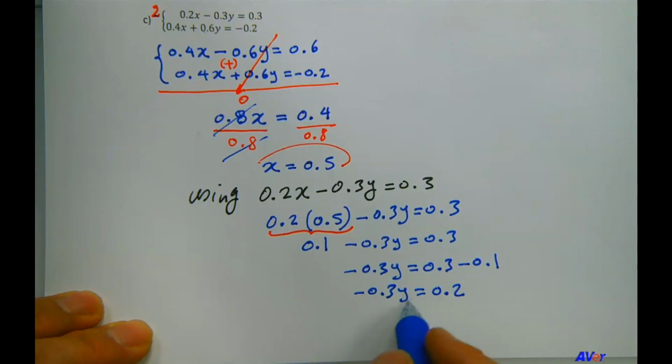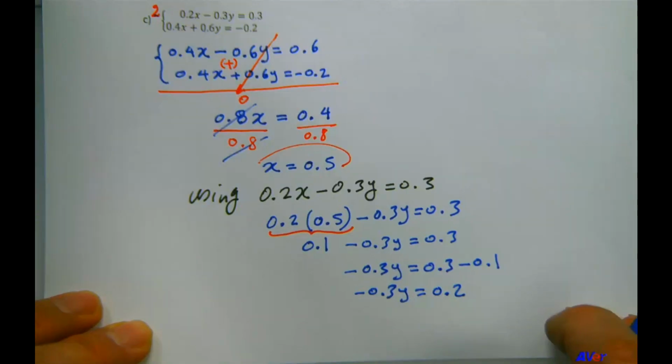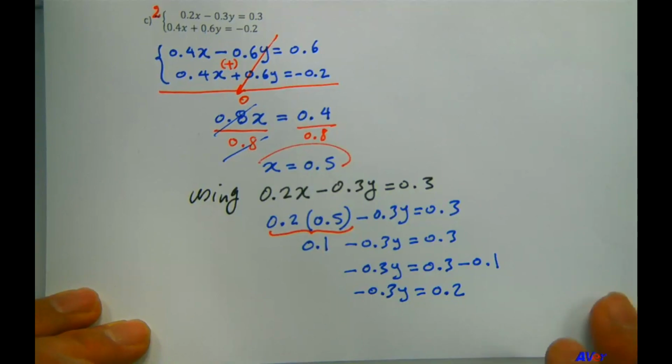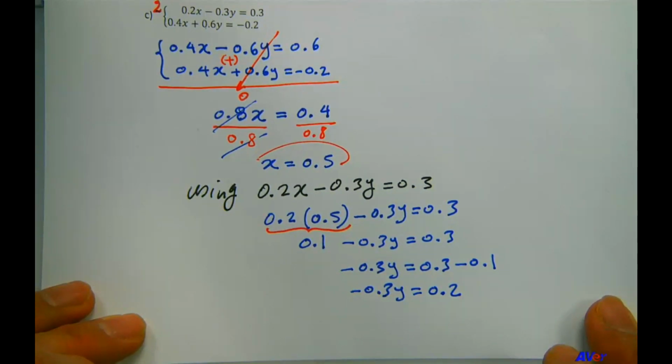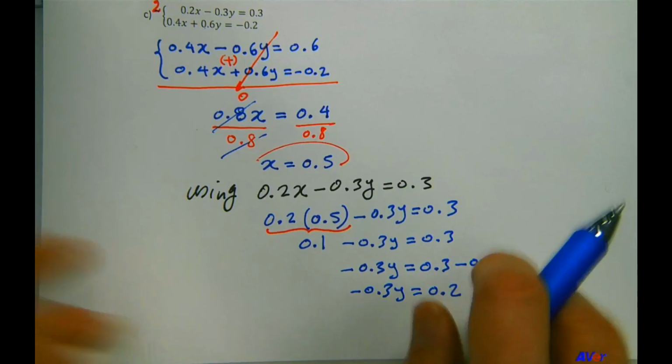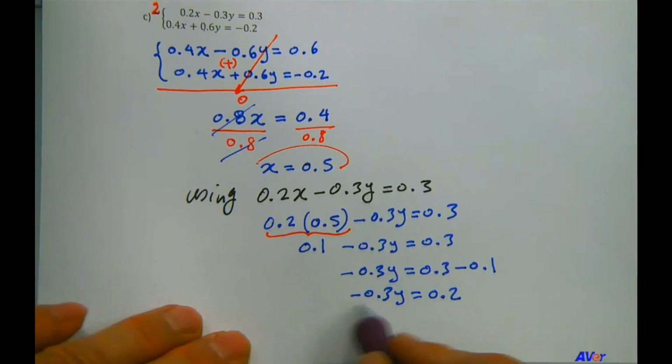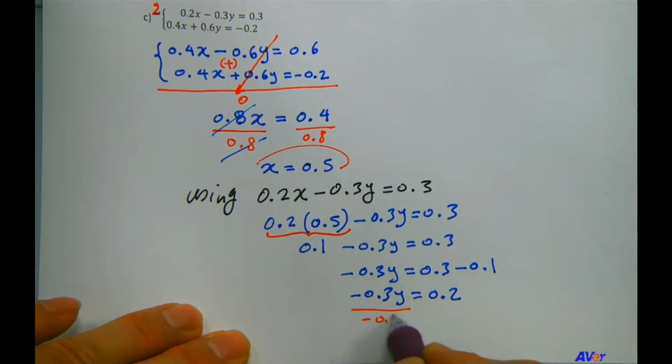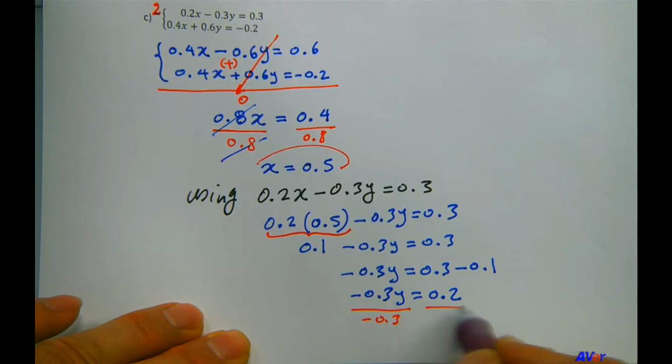Now we're going to solve for y. The screen looks a little bit out of focus. Okay, it looks better now. All right, so we need to divide both sides by minus 0.3 to isolate y, right?